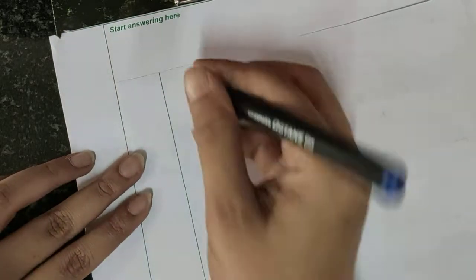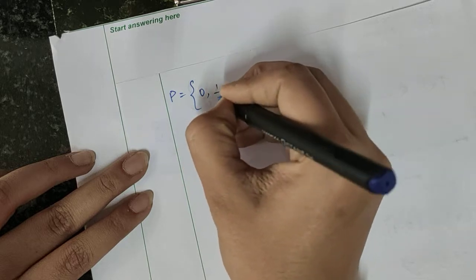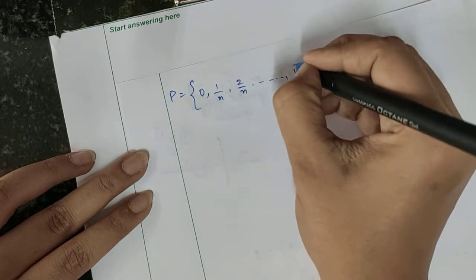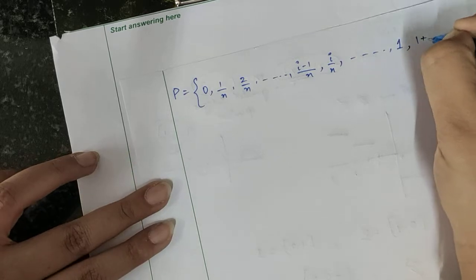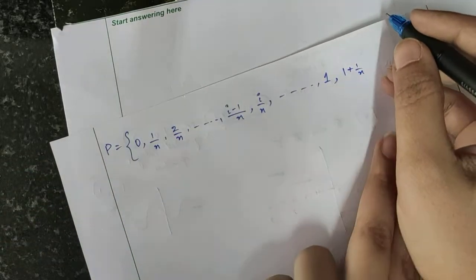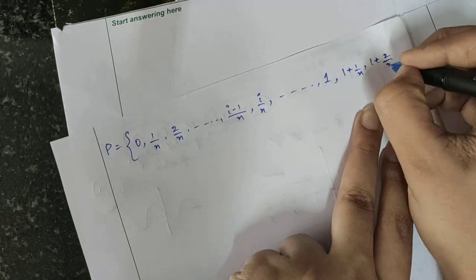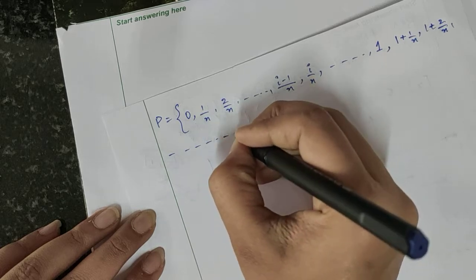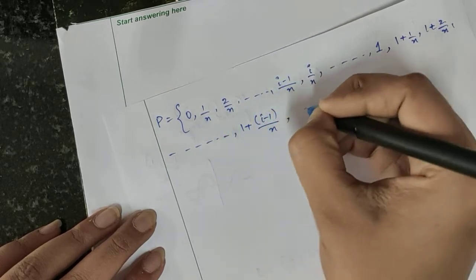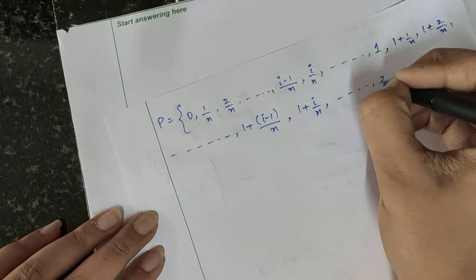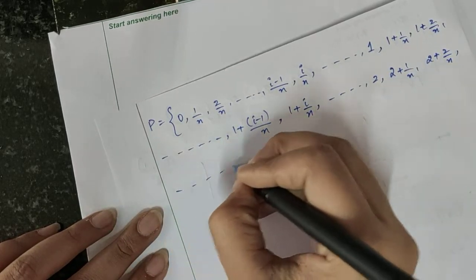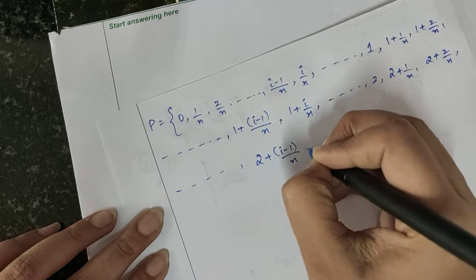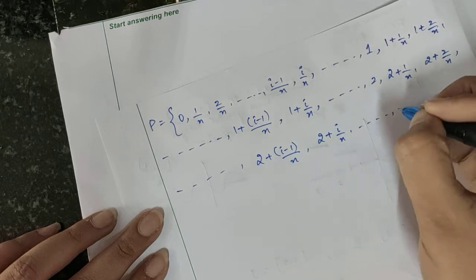Now my overall partition P will be 0, 1 by n, 2 by n, and so on up to (i minus 1) by n, i by n, and so on up to 1, then 1 plus 1 by n, 1 plus 2 by n, and so on, 1 plus (i minus 1) by n, 1 plus i by n, and so on up to 2, then 2 plus 1 by n, 2 plus 2 by n, and so on up to 2 plus (i minus 1) by n, 2 plus i by n, and the last one is 3.